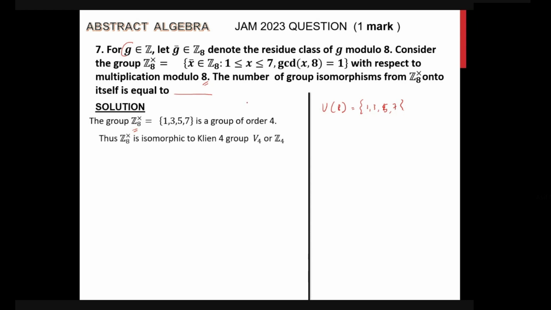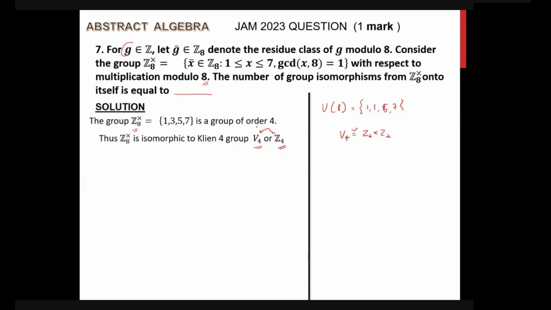Then this is isomorphic to a group of order 4: either it is isomorphic to Z4, a cyclic group, or it is isomorphic to V4, the Klein 4 group, that is isomorphic to Z2 cross Z2. And you know that V4 and Z4 are the only 2 possibilities for a group of order 4. And Z4 is cyclic, V4 is a non-cyclic abelian group, the smallest non-cyclic abelian group.